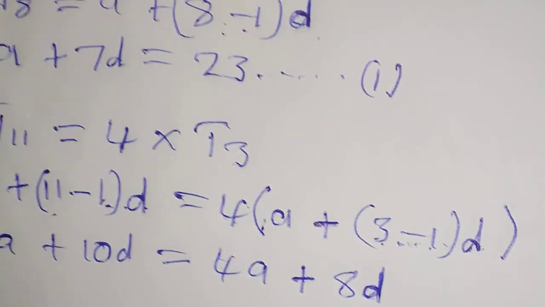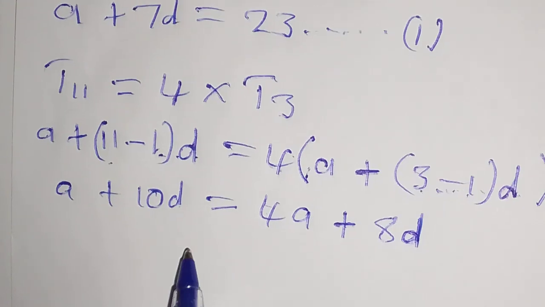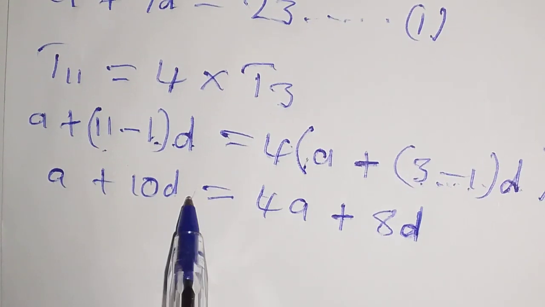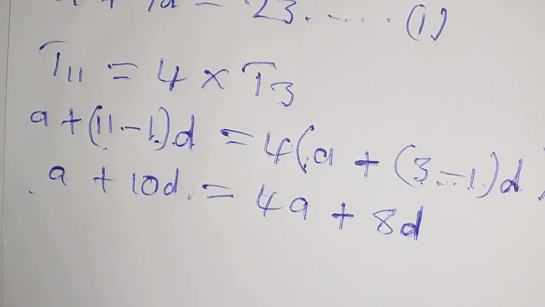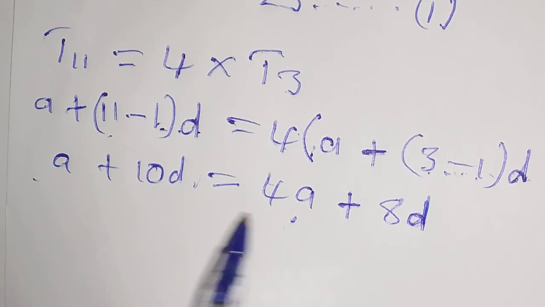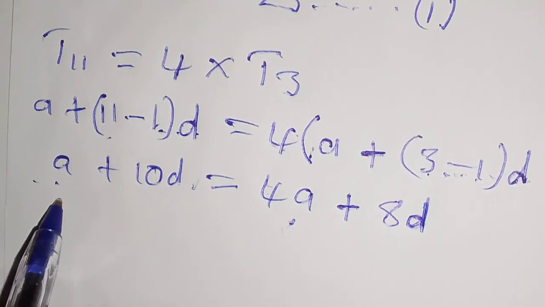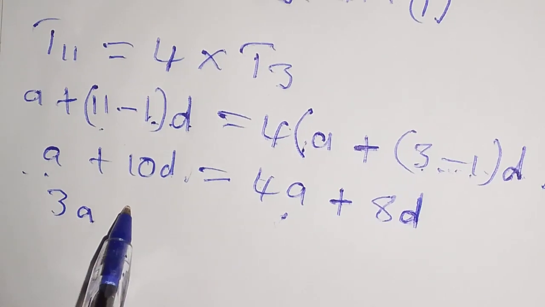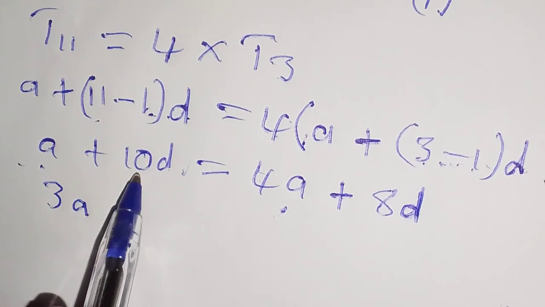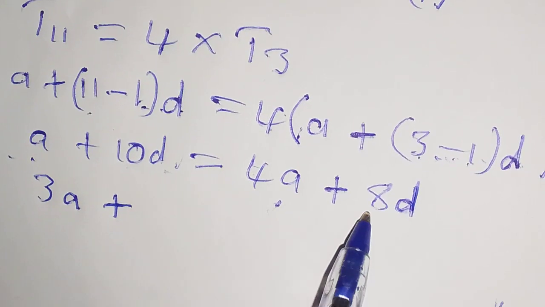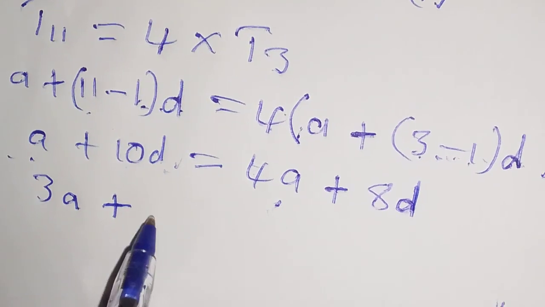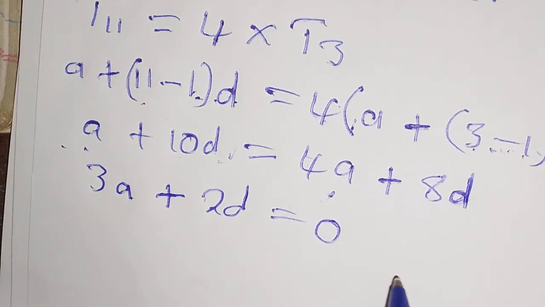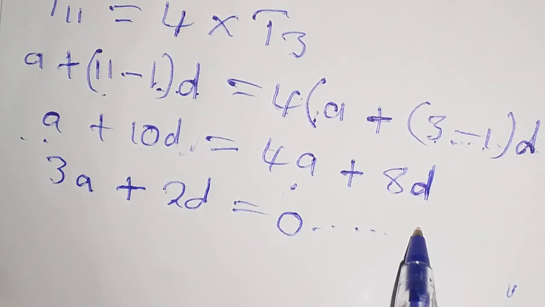So from here we can subtract because there's an equal sign. We can make this one cross the equal sign, and this one cross the equal sign. So 4a minus a gives us 3a, then 10d minus 8d gives us 2d, which is equal to 0. This is our second equation.